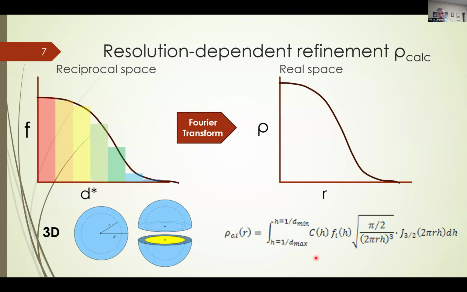And the advantage in doing this is that there is a closed form Fourier integral for this shell here, and it takes the form of a half-order Bessel function. Now, this looks like it might be expensive to compute, and so it is. And more on this later.